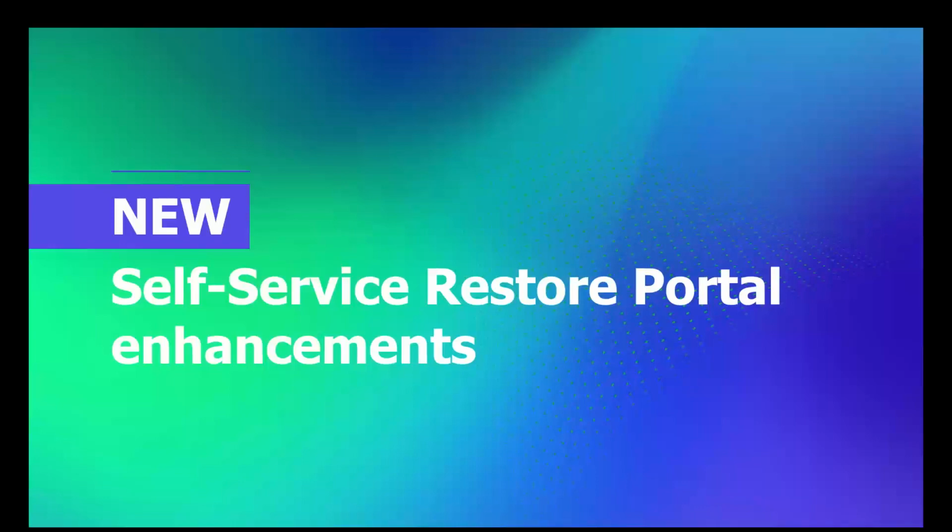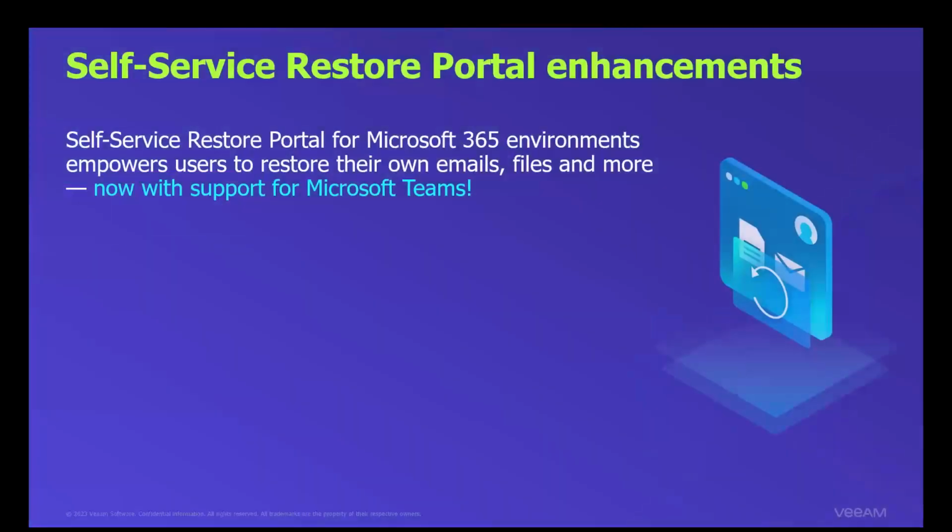Now, the self-restore portal has some additions to it. So it empowers users to restore their own emails, files. I mentioned this before, actually. Now it also supports Microsoft Teams. So these emails and files were already available in version 6. Now we've also added the support for Microsoft Teams.